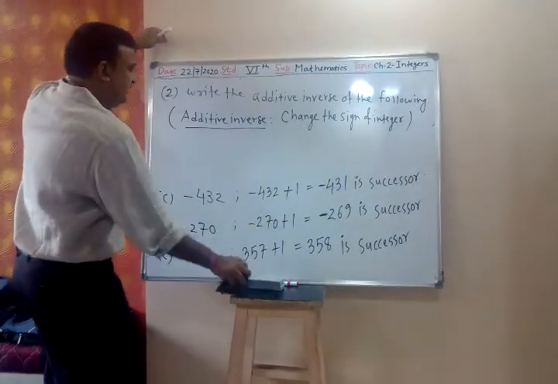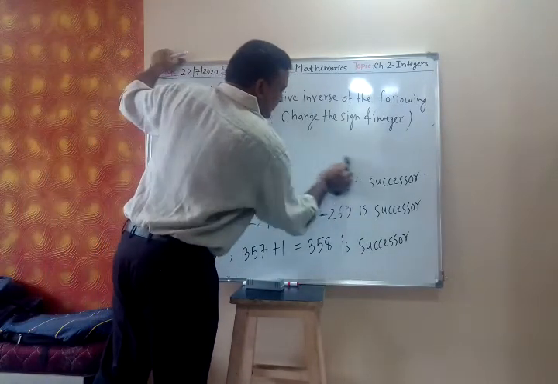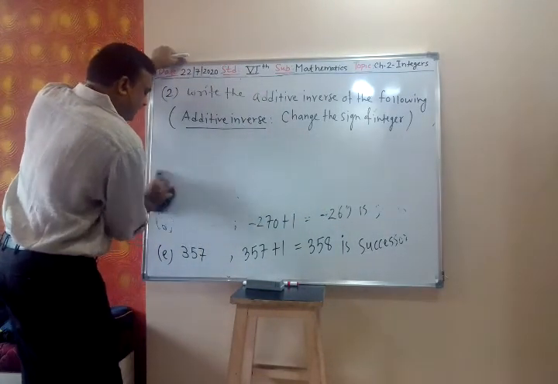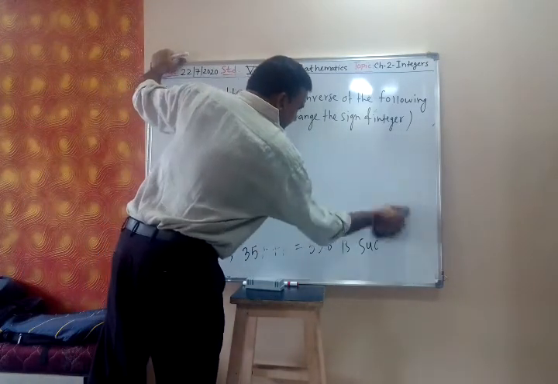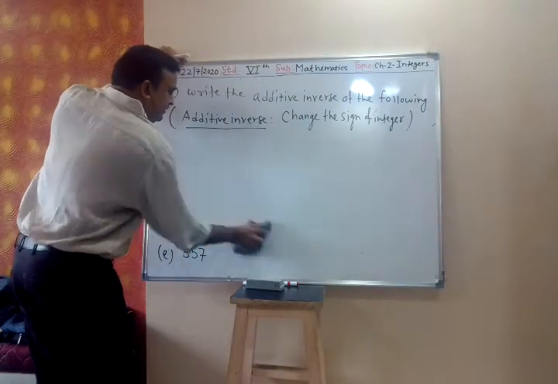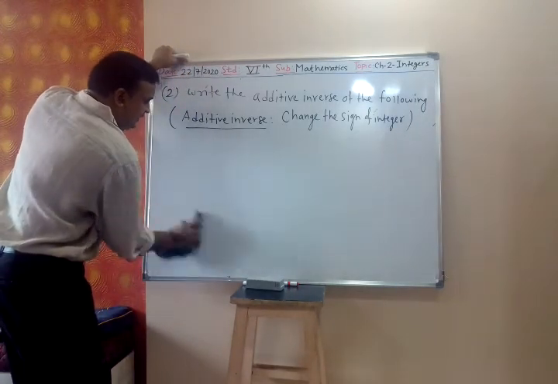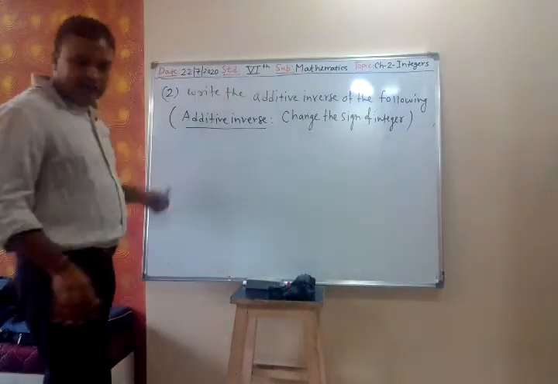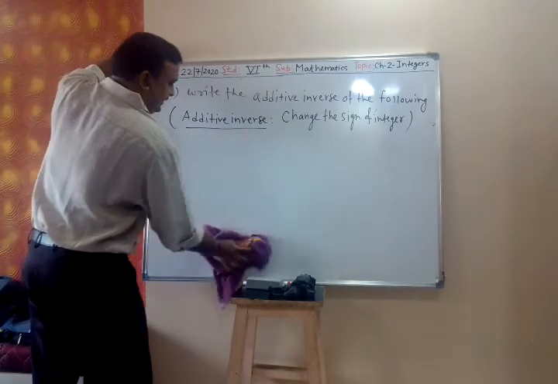Change the sign means plus you replace by minus and minus you replace by plus. We take the opposite sign. If you are given an integer with a plus sign, for the additive inverse we write minus, and if you are given an integer with a minus sign, for the additive inverse we write plus.